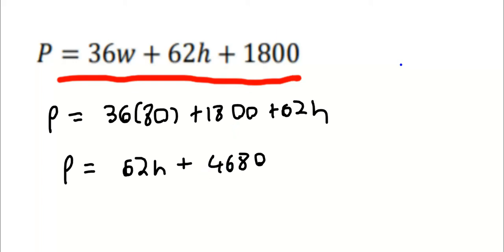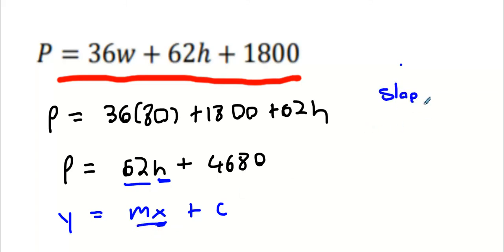Now think of a geometry where we have y equals mx plus c. If h is your x-axis, that means your slope is 62. And then your c value is where you cut the y-axis. So your c value, your y-intercept, is 4680.